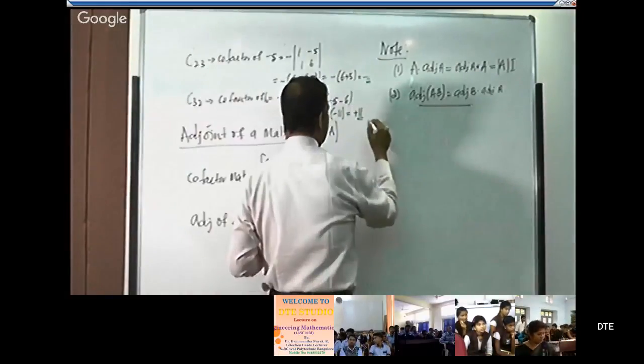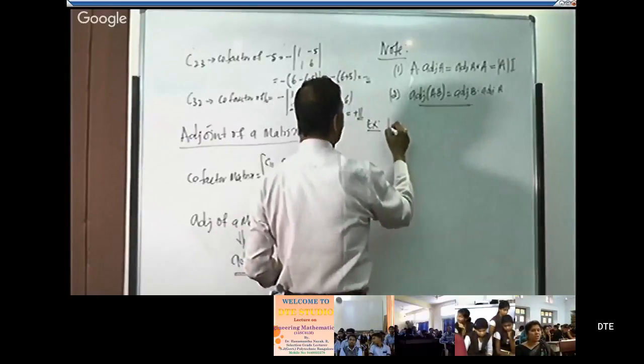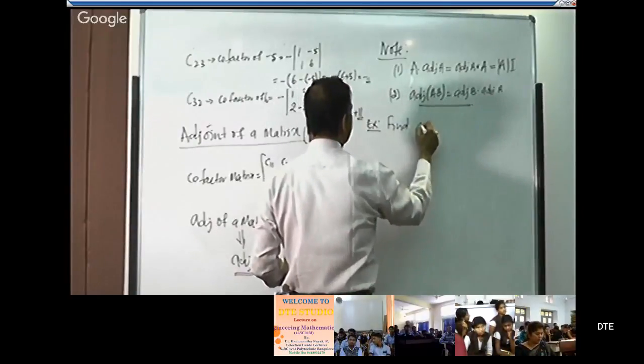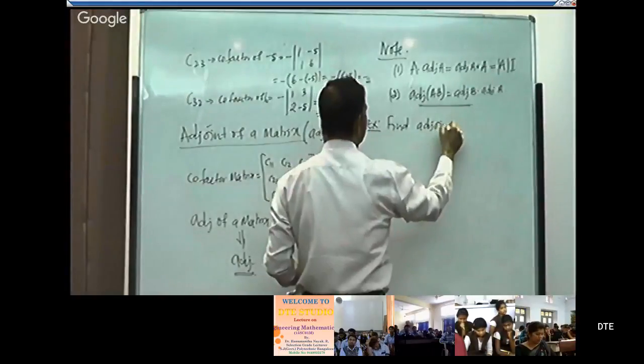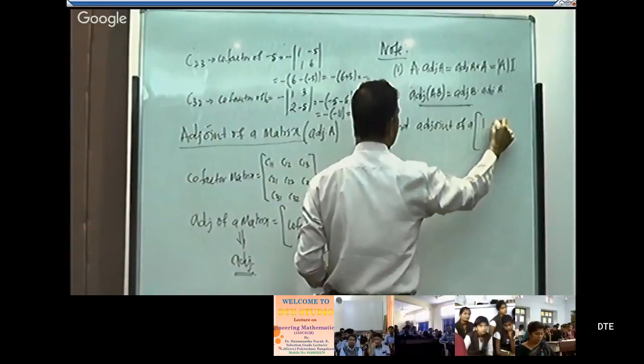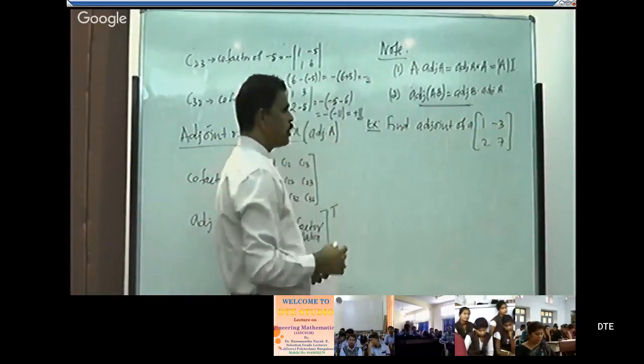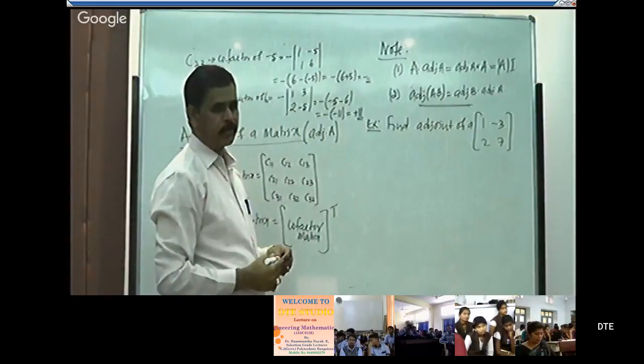Let us take an example for writing the adjoint of a matrix. Find the adjoint of the matrix 1, -3, 2, 7. Adjoint of a square matrix.